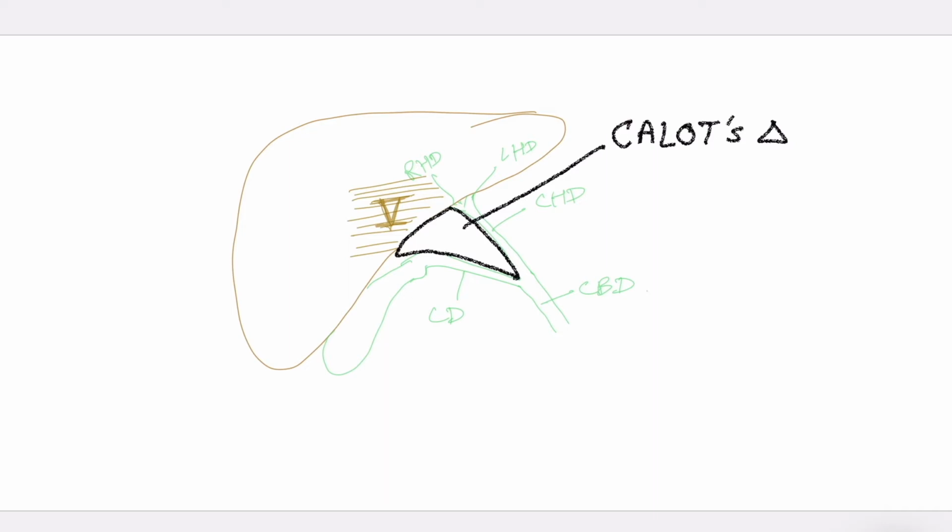Talking about the arterial supply, this is the hepatic artery proper, which gives its left and right hepatic branches. A branch from the right hepatic artery supplies blood to the gallbladder. This is called the cystic artery. So the cystic artery is actually a content of Calot's triangle.